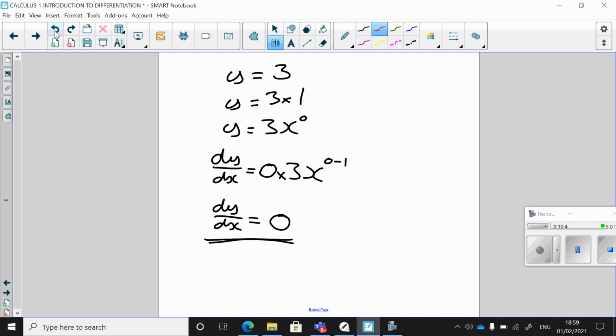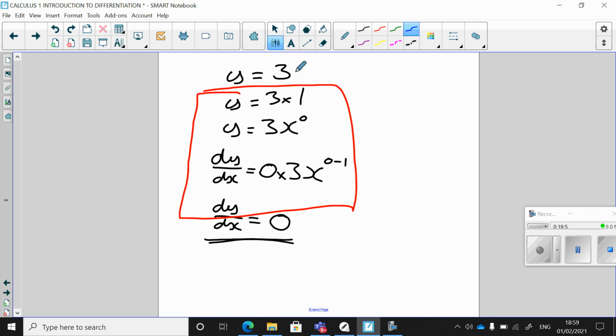So all these intermediate lines, miss all that stuff out. y equals a number, its derivative is always 0.